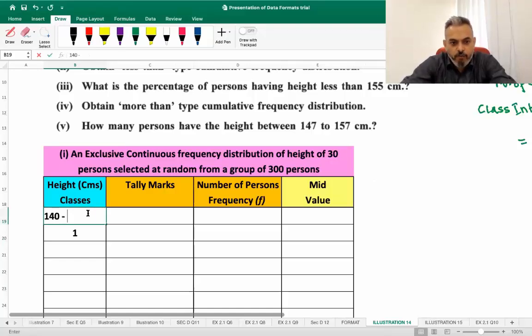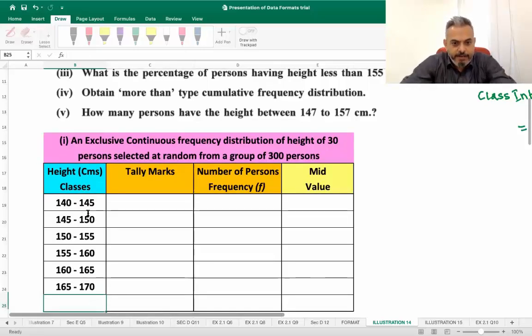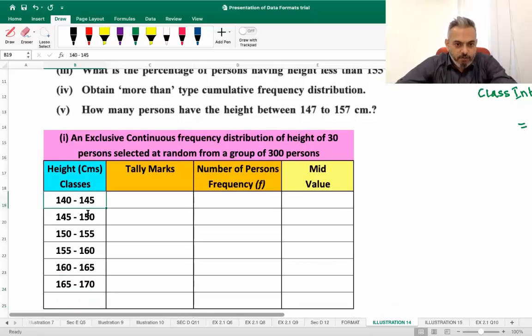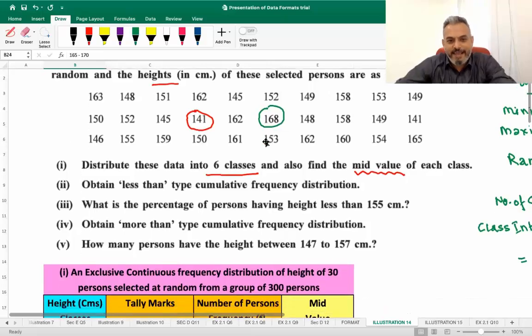Then 145 to 150. 150 to 155. 155 to 160. 160 to 165. 165 to 170. That's it. So let's count 1, 2, 3, 4, 5, 6. So 6 classes we made over here. It covers 141. It also covers 168.